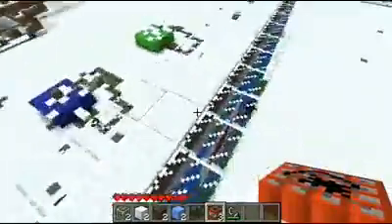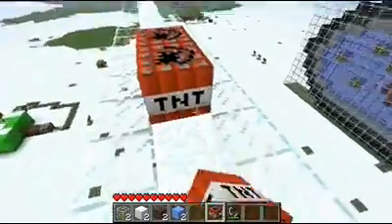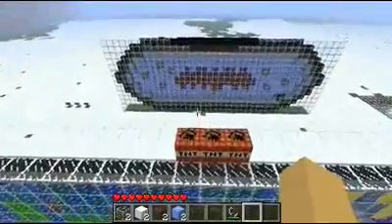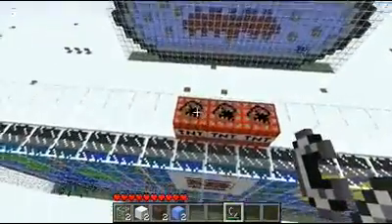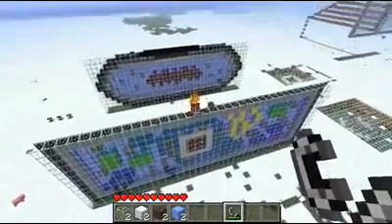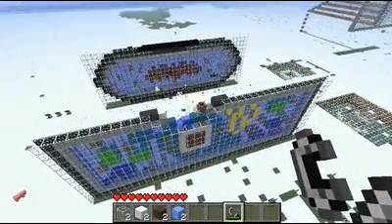Over here though is the prokaryotic cell, which doesn't have as much protection. So if I ignite this dynamite, the cell is going to die.